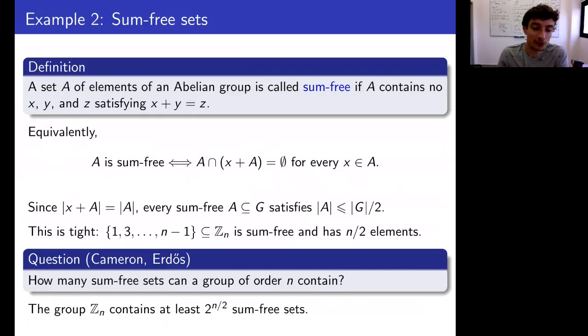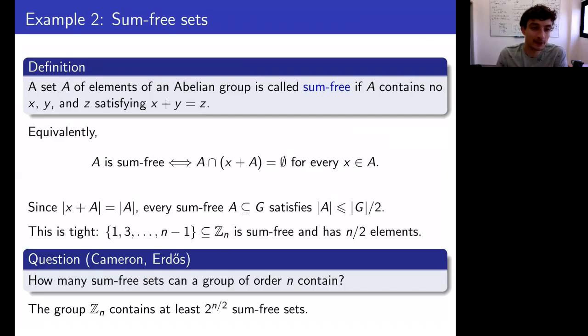And this is because any subset of a sum-free set is also sum-free. So if I take any set of odd residue classes modulo n, it will be sum-free, and there are n over 2 odd residue classes modulo n, so this gives me 2 to the power of n over 2 subsets.